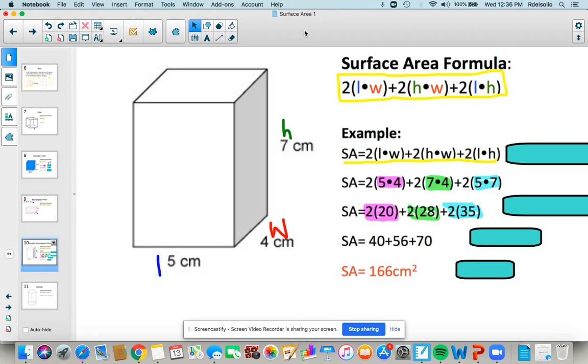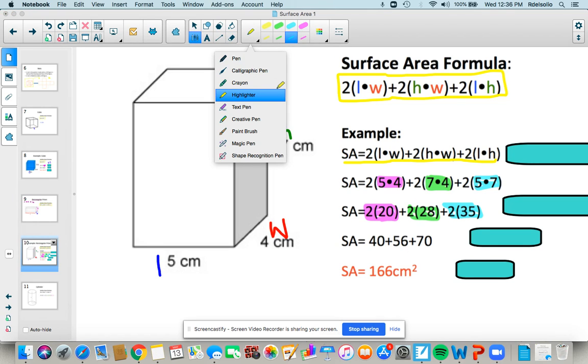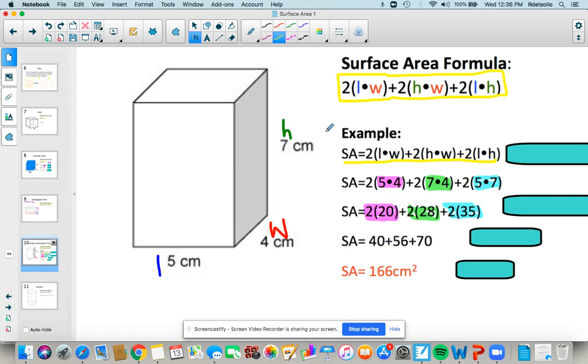Now I do want to point out that once you have the formula and you're able to identify each part and go from the formula to this here, once you input everything into its spot, you could just plug this whole thing right here into a calculator if you have a calculator.